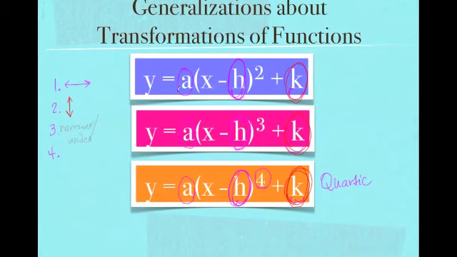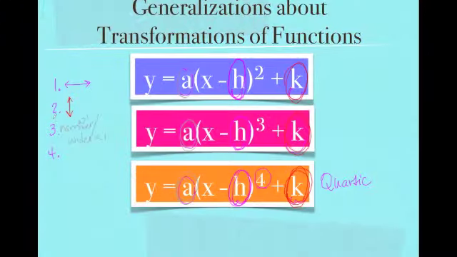And if A is different from 1, then you know that it's either going to be narrower or wider. If A is greater than 1, you know it's narrower, and if it's between 0 and 1, you know it's going to be wider.